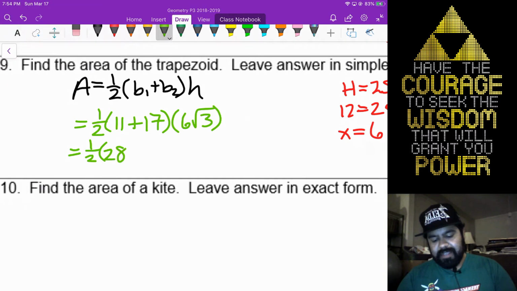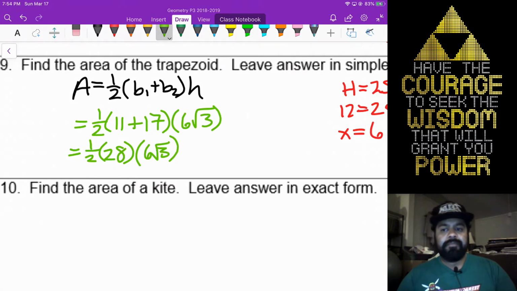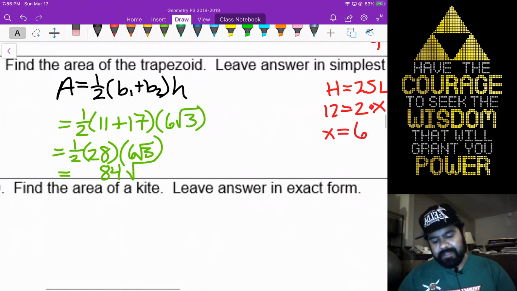And then 6 rad 3. Alright. So 28 times 6 rad 3. I know half of 28 is 14. I'm going to do some mental math right now. 14 times 6 is 84, rad 3. And then, of course, don't forget your units. Feet. So feet squared.